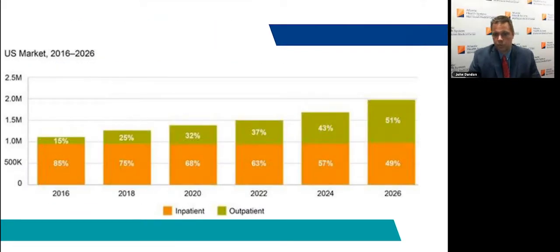So this is kind of the projected trend for where we're seeing overall total joint replacement going. This is a graph showing what we're anticipating in the U.S. market. And you can see by 2026, we're expecting almost half of our total joints to be done in an outpatient setting. That's a significant number, and so we have to prepare not only ourselves for it as surgeons, but patients for this as well, and the primary care physicians too, because once the patients are out of the hospital, people don't just call the total joint doc whenever there's something going on after their hip replacement or knee replacement.